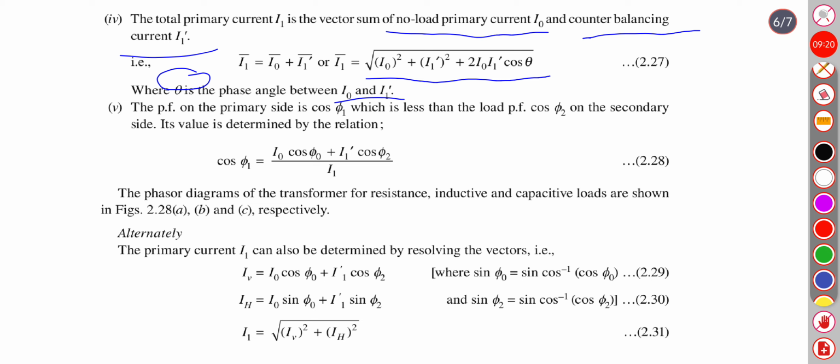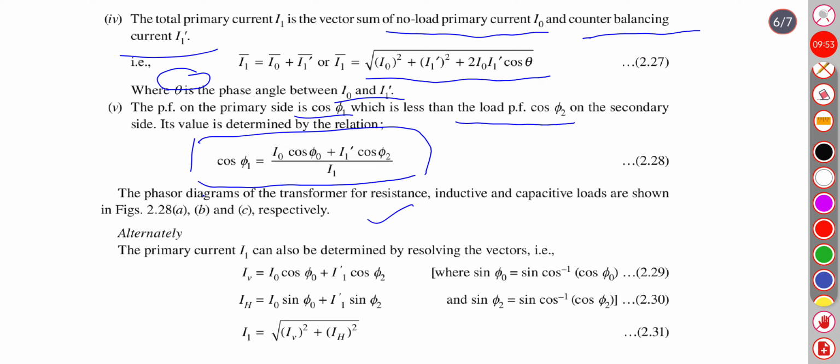The power factor of the primary side is cos phi1, which is less than the load power factor cos phi2 on the secondary side. Its value is determined by the relation cos phi1 equals I0 cos phi0 plus I1 dash cos phi2 upon I1. The phasor diagrams of the transformer for resistive, inductive and capacitive load are shown in A, B, C respectively.